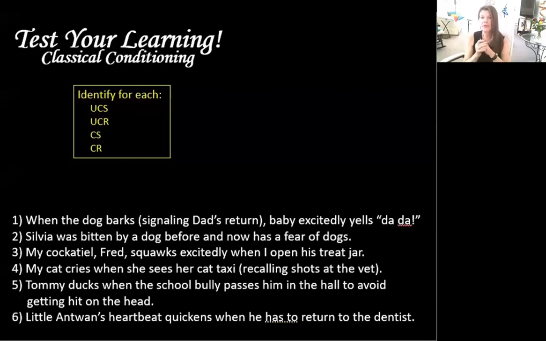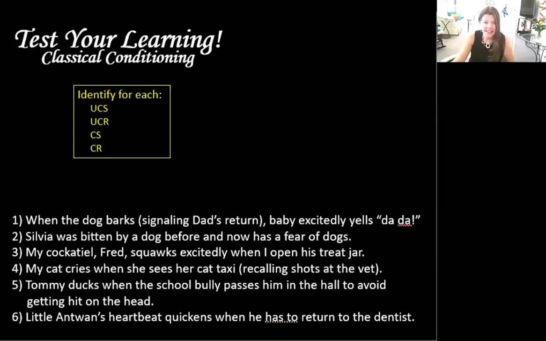Think about this: on an exam, for instance, you will show your learning of this through multiple choice. So if yours was close and you put bark instead of dog bark, no big deal, right? You're still going to be able to identify it when you look at the multiple choice answers.